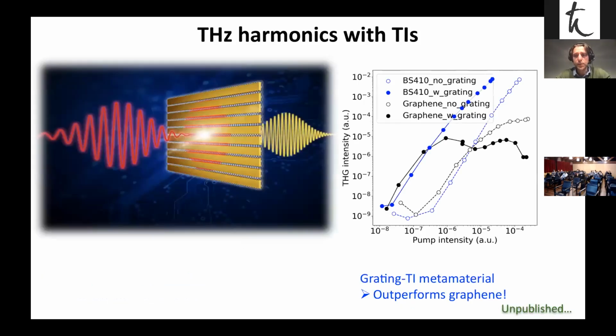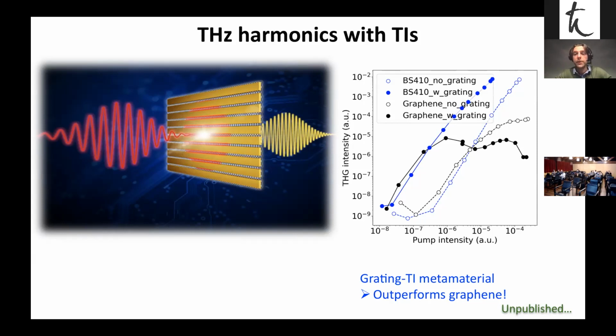But we also have some unpublished data that I just want to flash here, where we combine our very nice gratings that enhance this light matter interaction now in the case of the TIs. And what you see now is that if you compare graphene with and without the grating, the curve just shifts to the left, because with a lower field strength, you already have more harmonics, but then it saturates at the same level.